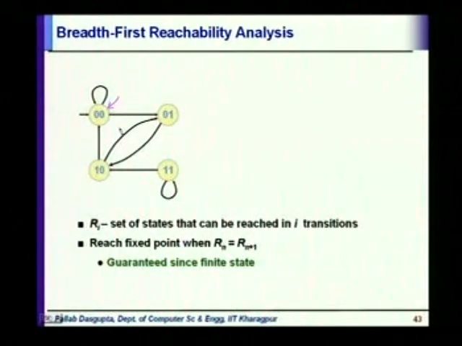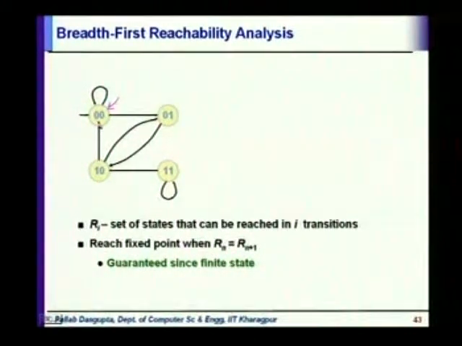Then using the transition relation we will find out the set of next states of this state. We are going to keep the set of visited states in a BDD called R. So R0 is the initial BDD which contains only 0 0. Then from R0 we will construct R1, from R1 we will construct R2, from R2 we will construct R3.